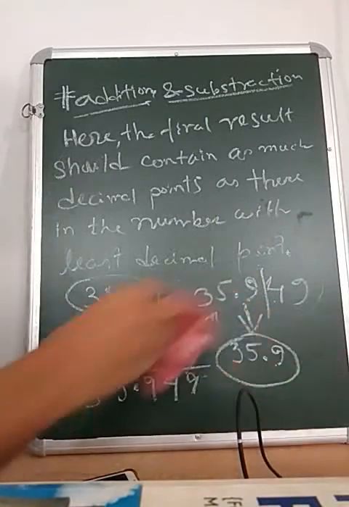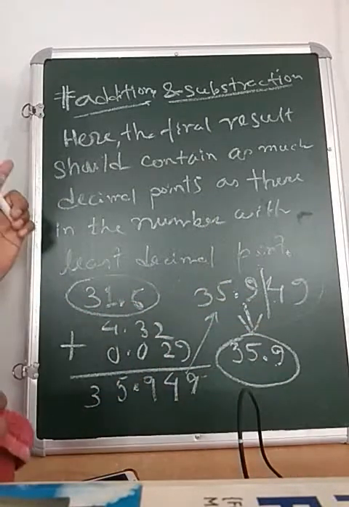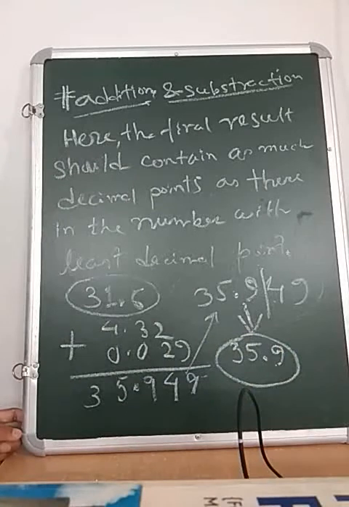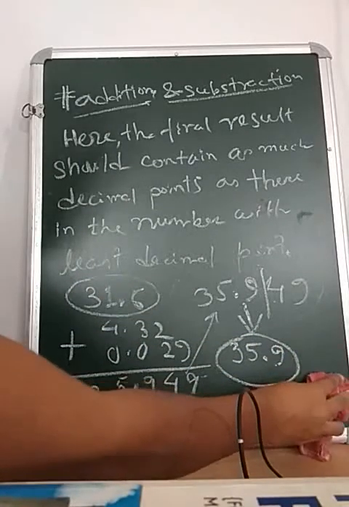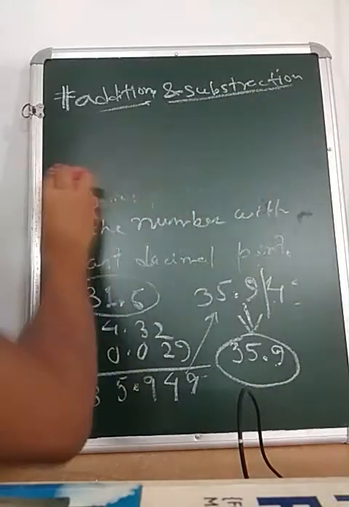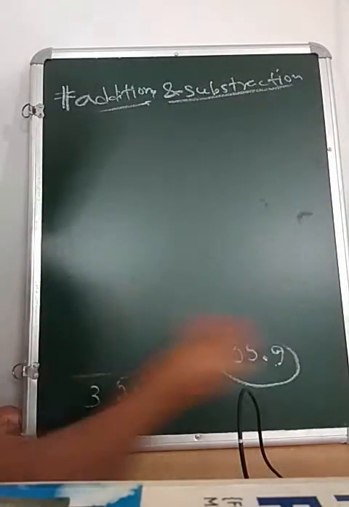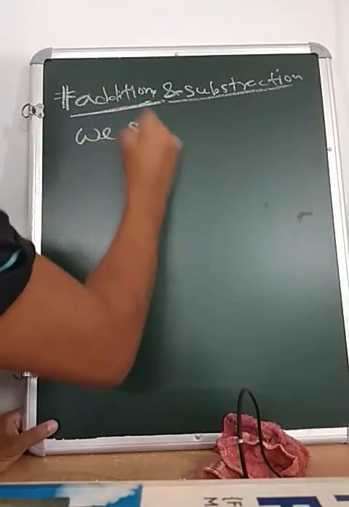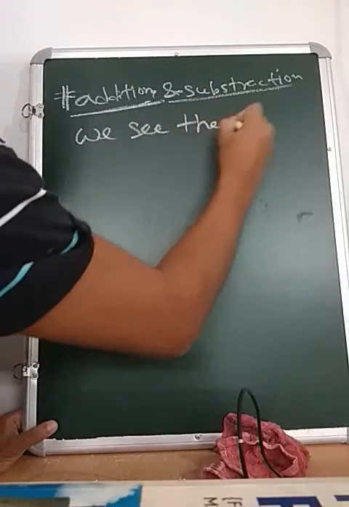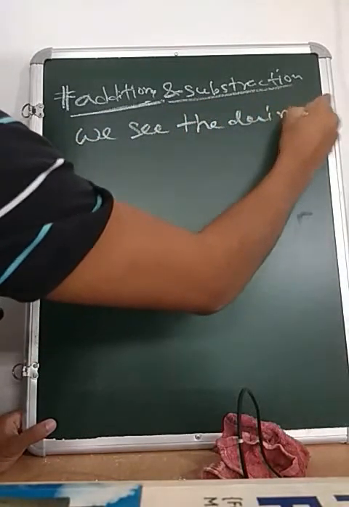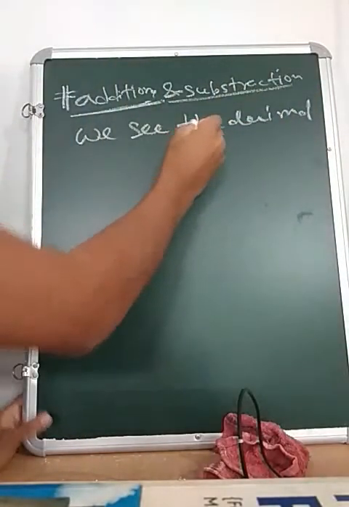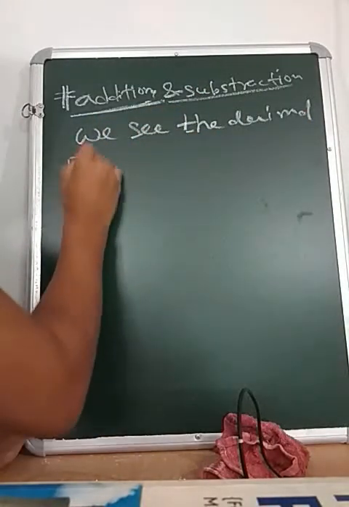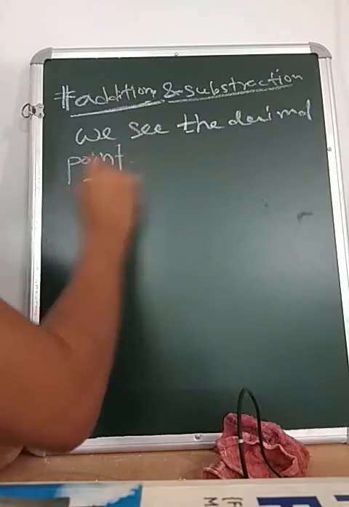We will take more examples. This is the rule for addition and subtraction. One more thing: in case of addition and subtraction, we see only the decimal point.